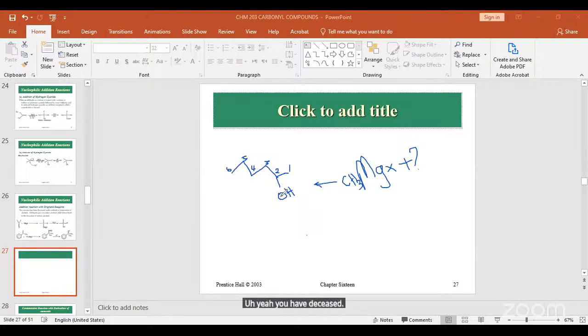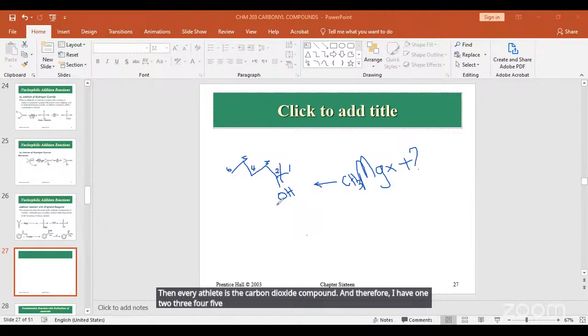Because we have methyl magnesium halide, 1 is from the Grignard reagent, then every other thing is the carbonyl compound, and therefore I have 1, 2, 3, 4, 5.